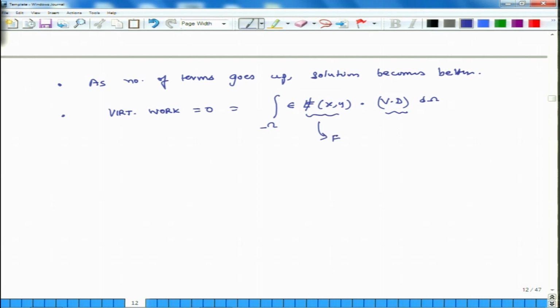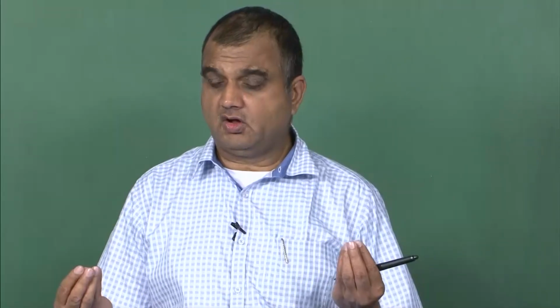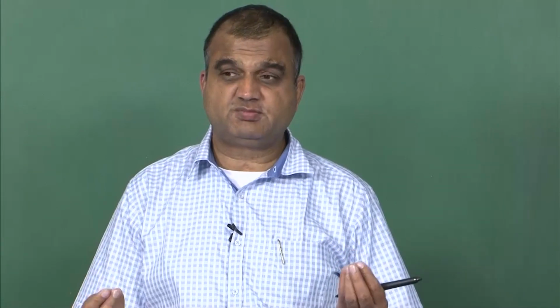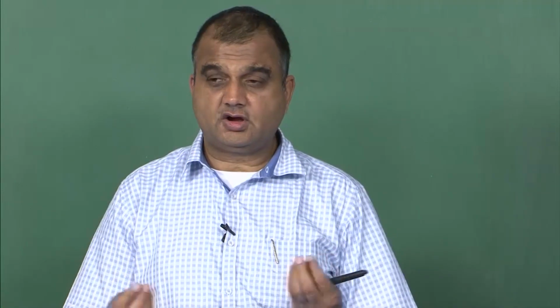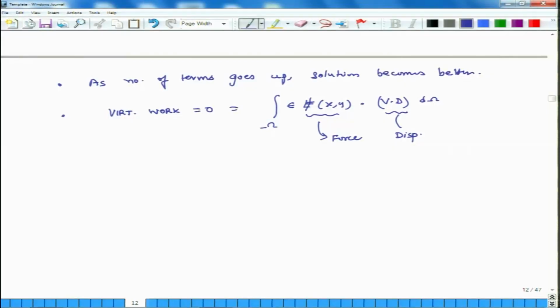In this case it was force, and this is displacement. Now, if the integral of the multiple of force and virtual displacement is 0, what does that mean? That the force and the displacement are mutually orthogonal, because when force and displacements are mutually orthogonal, their inner product or dot product is 0.